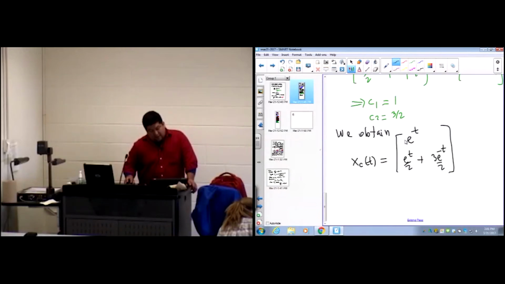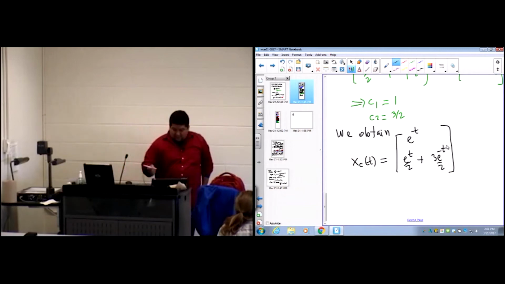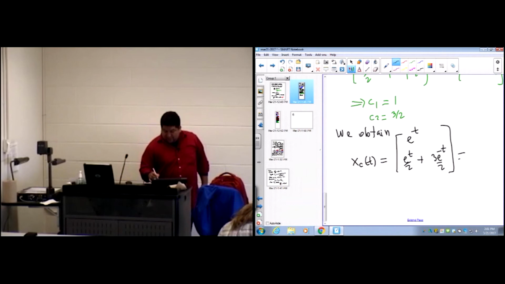This vector, this entry, this e^t and this e^t halves plus 3 e^-t halves, these are the equations. I said x sub c, which is probably a poor choice of notation.